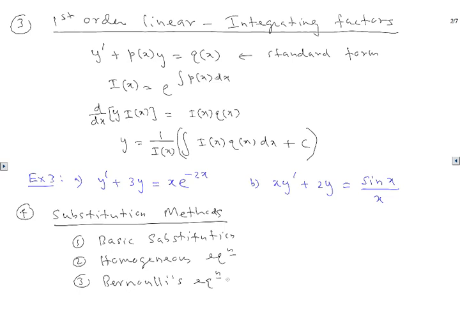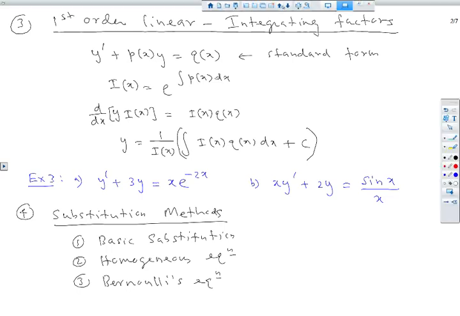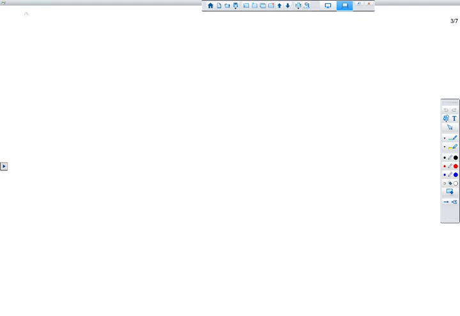So the first one is the basic substitution method, type 1. In this situation, you get y prime as a function of some expression.